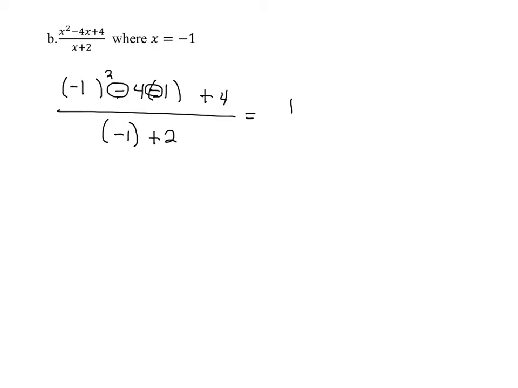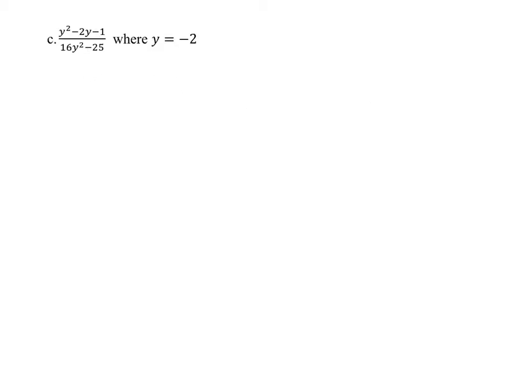Negative times the negative will give me a +4 plus another 4 on the end. -1 plus 2, well, that's just 1. So I get 9 over 1, and we don't ever want to leave it as 9 over 1. We're going to write it as 9. Cool? Now, let's do another one.